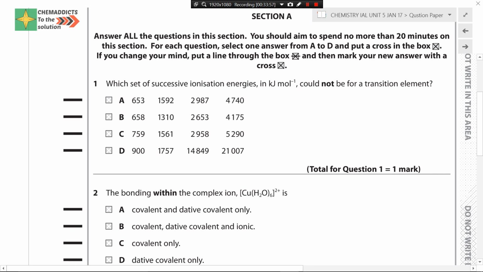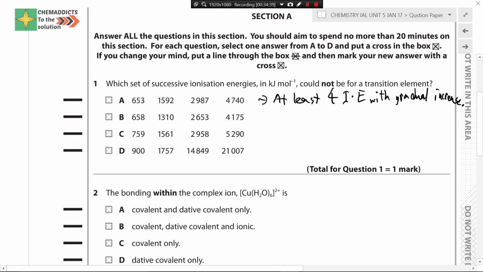So to match this concept, let us at first find which are the transition elements. Which are the successive ionization energies of a transition element. According to the condition, it should have at least 4 ionization energies with gradual increase.